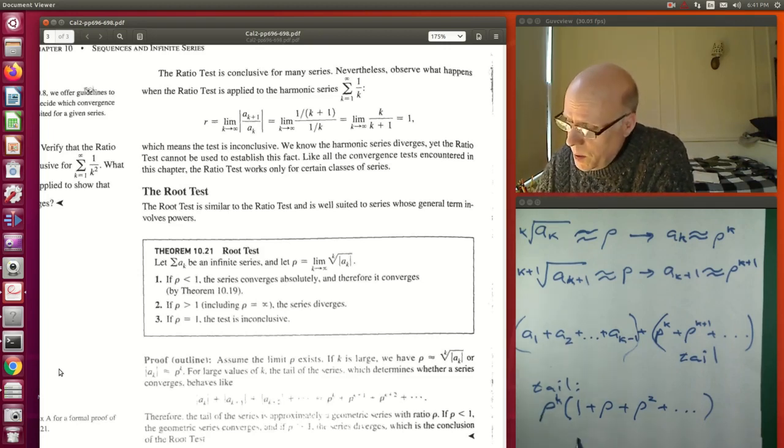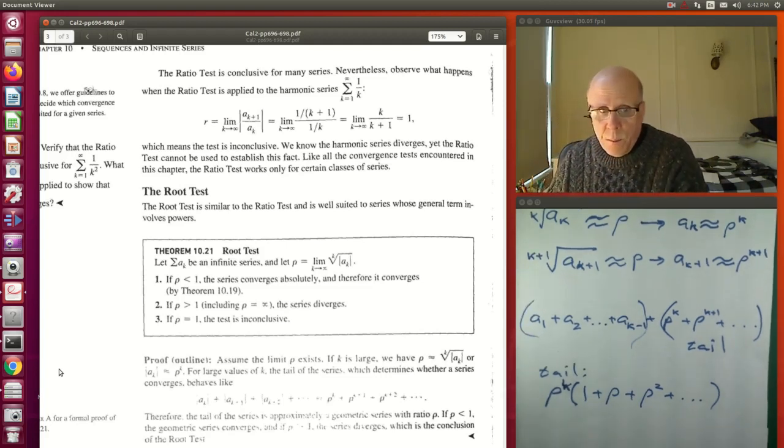If this thing is supposed to be finite, then the part in parentheses had better be finite, and that's what we use to analyze it. Rho to the kth power is some particular value, a fixed number. So whether this is finite or infinite depends strictly on the part in parentheses.